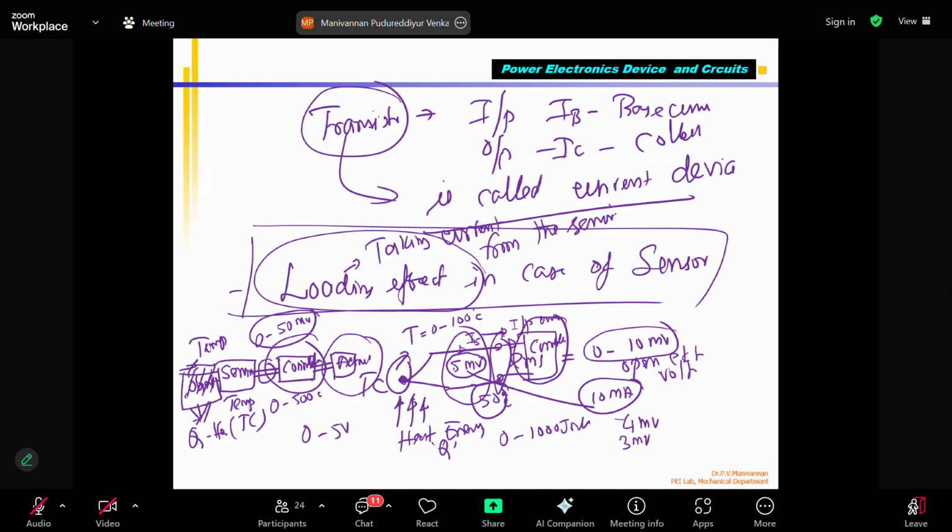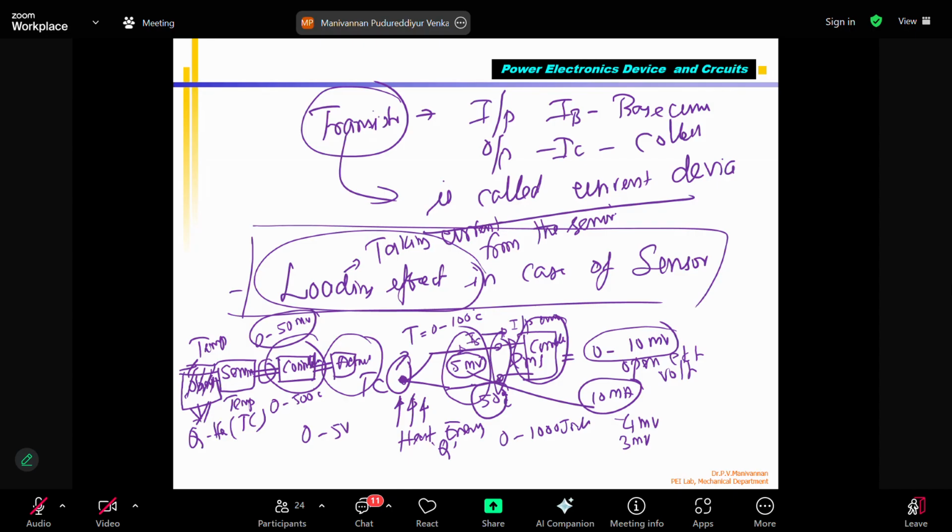If the controller takes even a small milliamps current from the sensor, when the temperature is 50 degrees centigrade, in open circuit, without connecting the controller, the thermocouple was giving 5 millivolts. That means 50 degrees. Once I connect the controller, immediately the voltage drops to 4 millivolts or 3 millivolts.